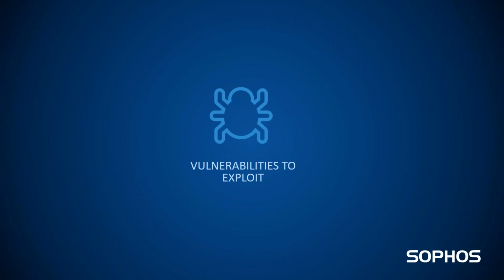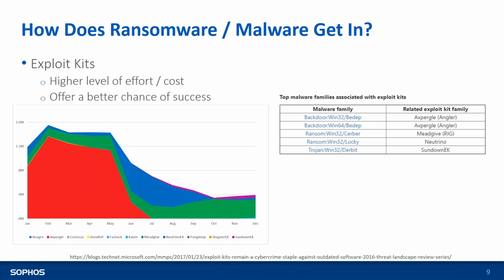And so out in the wild we see exploit kits being used, and so I could just be browsing away to my favorite news site or whatever that website happens to be. Now if a component on that website has been hijacked and an exploit kit has been deployed, then this exploit kit effectively tests my browser and says, are you vulnerable to this particular vulnerability, or I'm trying to exploit you here.